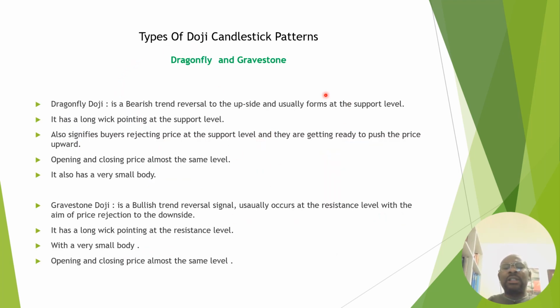Then we have types of dodgy candlestick patterns. We have the dragonfly that I have explained to us, and the gravestone dodgy candle. We have two types. So the dragonfly dodgy is a bearish trend reversal to the upside and usually forms at the support level. It has a long wick pointing at the support level.